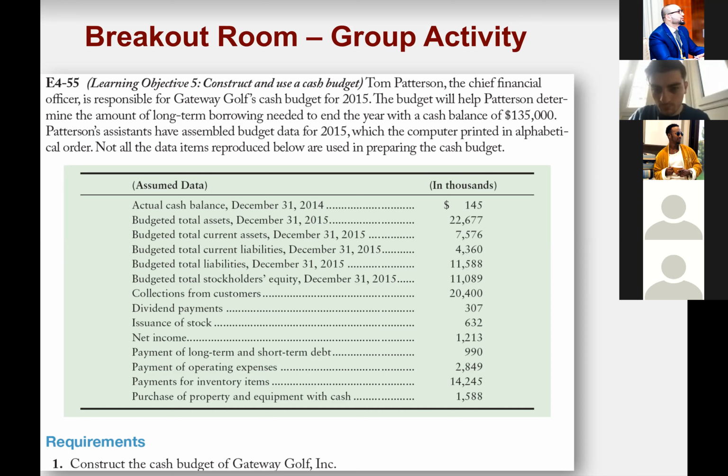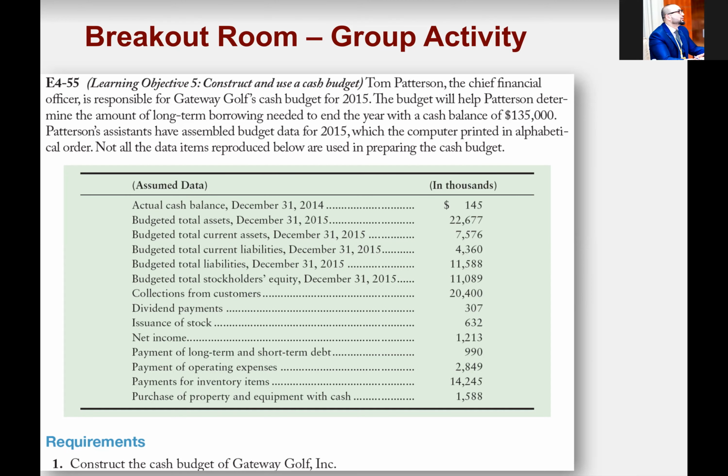And let me read the question and also give you insight whether you did correct or made a small mistake. Okay. Tom Peterson, the CFO, is responsible for Gateway Golf cash budget for 2015. The budget will help Peterson determine the amount of long-term borrowings needed to end the year with a cash balance of 135,000.